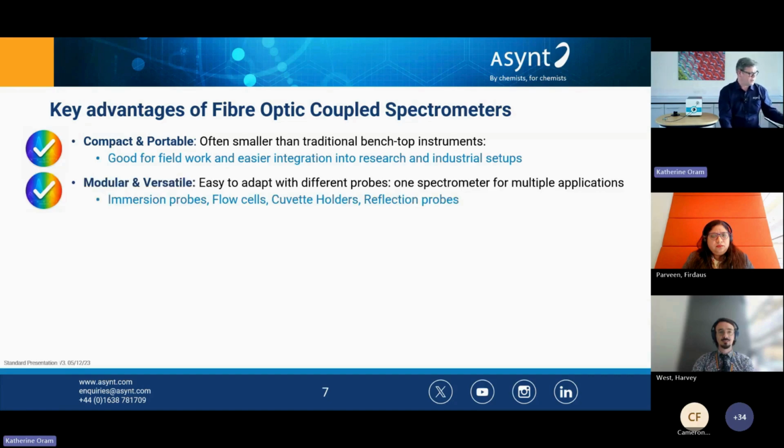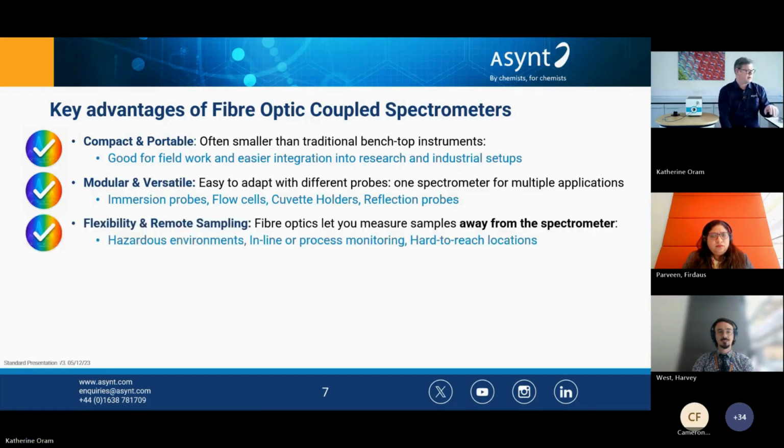They're modular and versatile. As I said, it's really easy for us to have different probes for different applications, whether they're immersion probes, flow cells or cuvette holders, as we said earlier. They have real flexibility in remote sampling. The fibers coupled to the instrument, the light source and detector, and the sampling device, can measure samples away from the spectrometer.